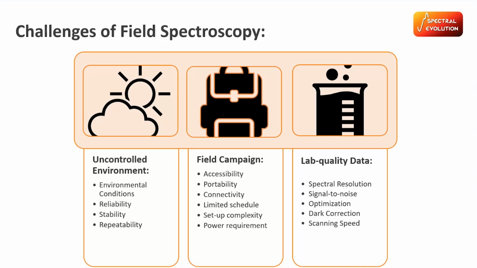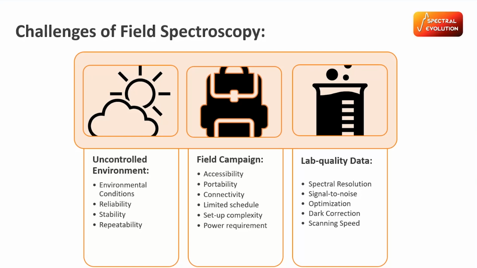If a cloud goes by the sun, your light conditions start to change, because oftentimes it's a ratio between the light that's coming down and the light that's reflected off of an object. So characterizing that is important, and making sure you're taking references quickly is important. Our instruments are designed to be reliable and as stable as possible, so that you can quickly react to different changing conditions.